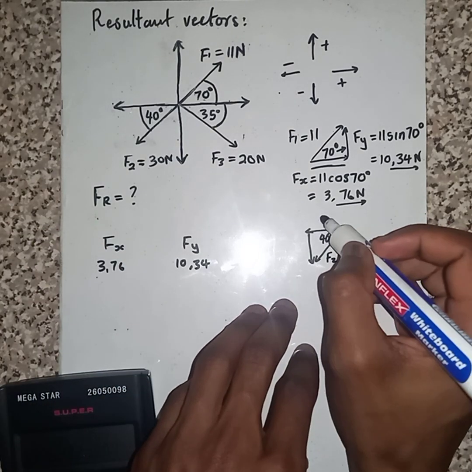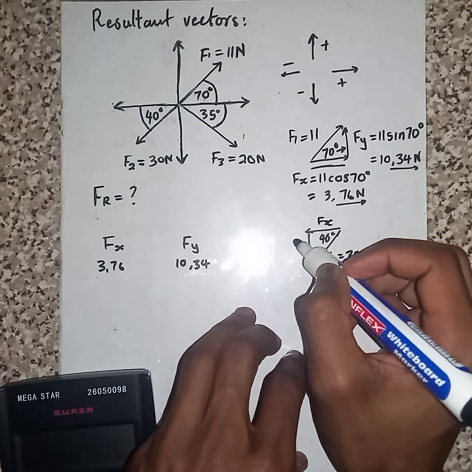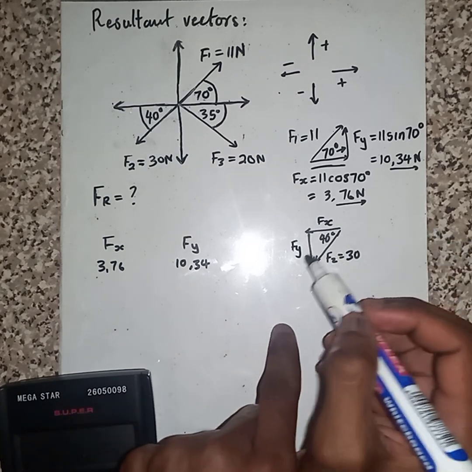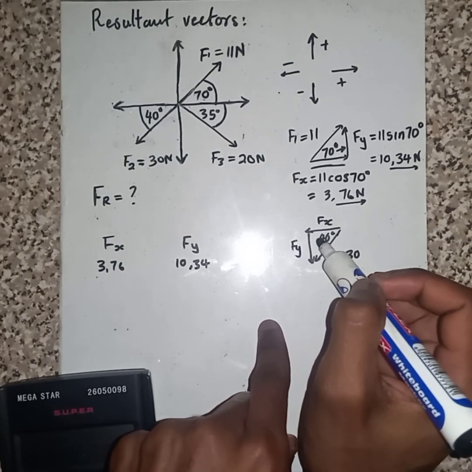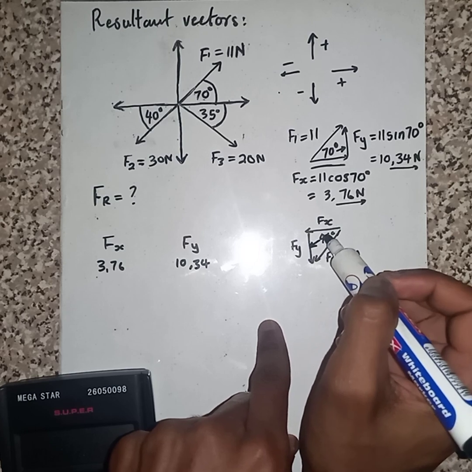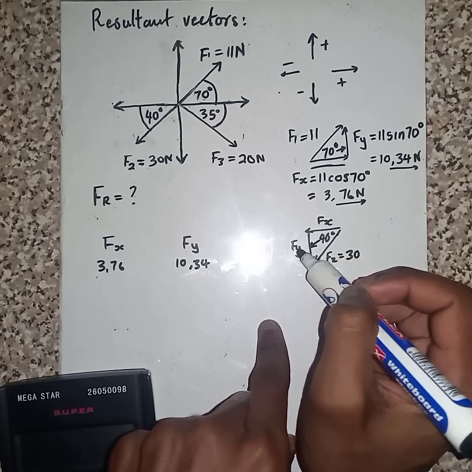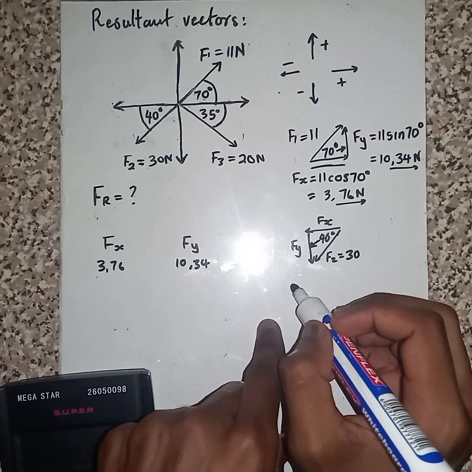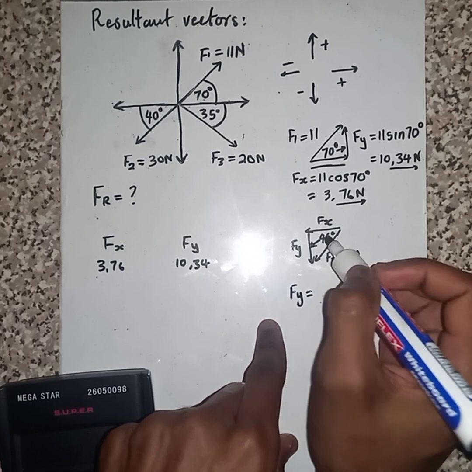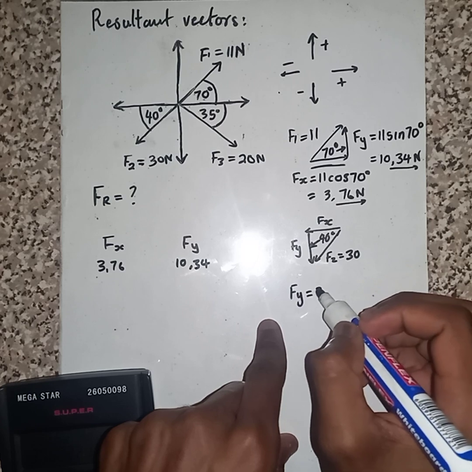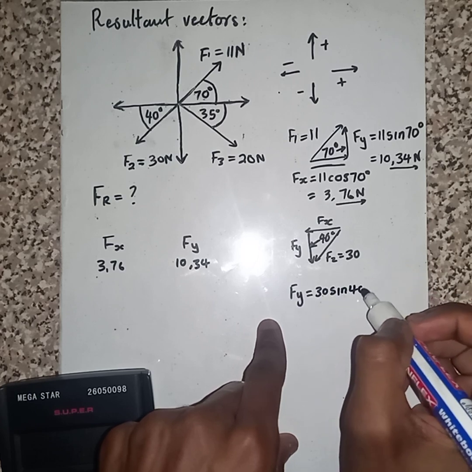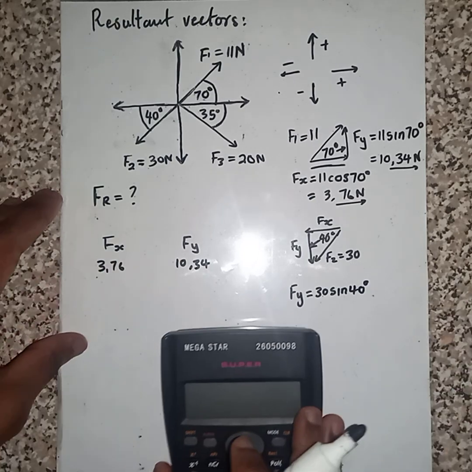For us to find Fx as well as Fy, we are going to use the trig ratios. For this side, always check that it's opposite to that angle. That means for Fy in this case, you are going to use sine as well, because it's opposite to that angle. We take our hypotenuse, which is 30, sine of 40 degrees.